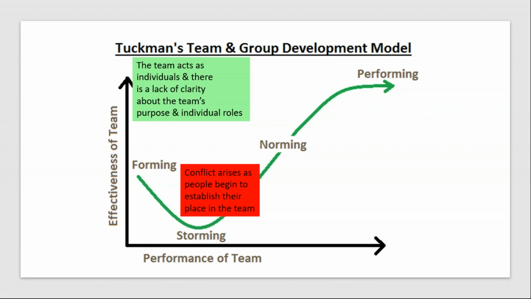In other words, there's a vacuum of leadership and other people in the team try to take over that role. So it's quite possible that that stage can continue for a period of time, depending on how assertive the leader is and their willingness to guide the team through that storming stage.